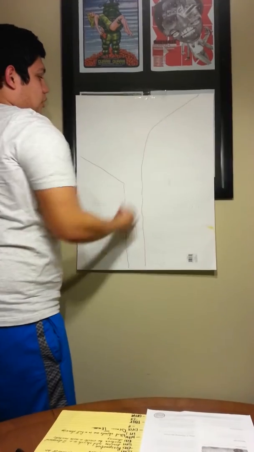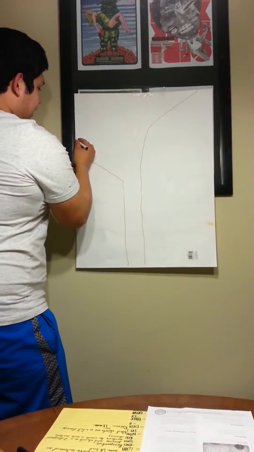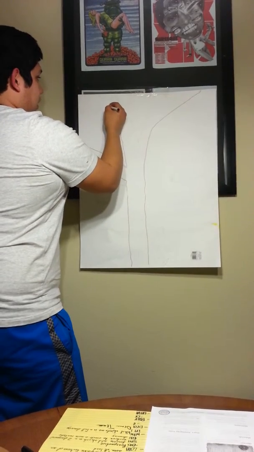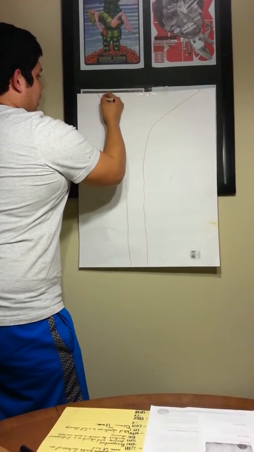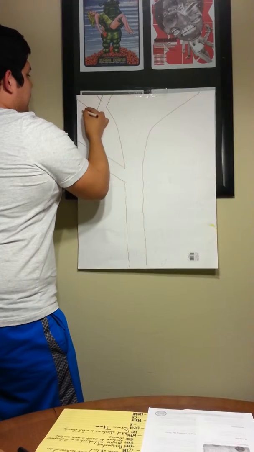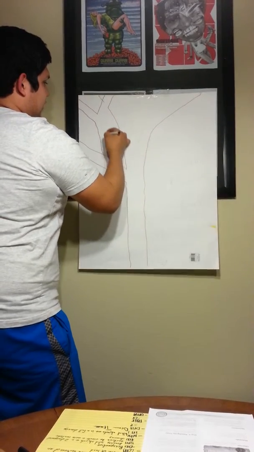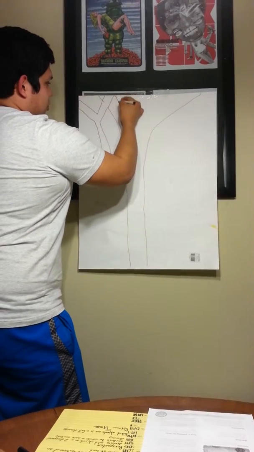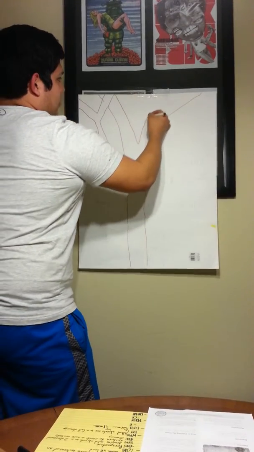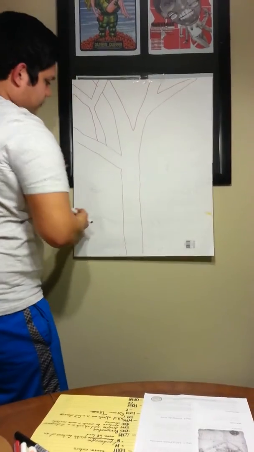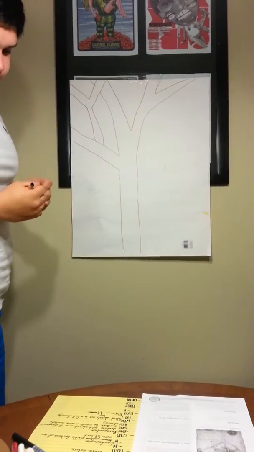As I started in my Y shape here, I'm going to bring it down to add more branches to it. If you notice as I'm drawing, it's almost like I'm drawing a bunch of little Y-shaped trees within my big Y-shaped tree. Alright, so there's my tree.